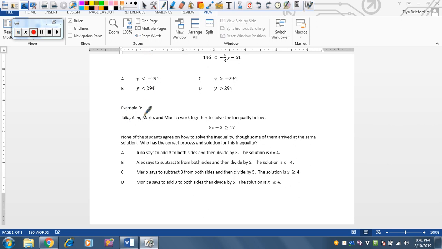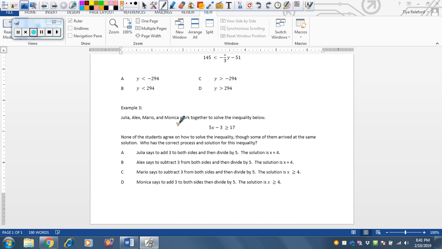It says Julia, Alex, Mario, and Monica work together to solve the inequality below. None of the students agree on how to solve the inequality, though some of them arrived at the same solution. Who has the correct process and solution for this inequality?